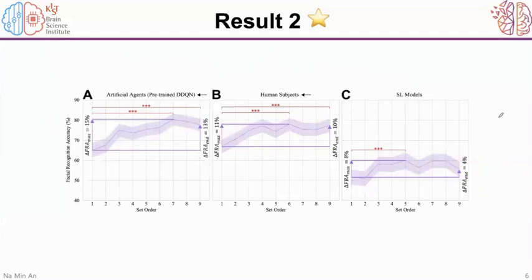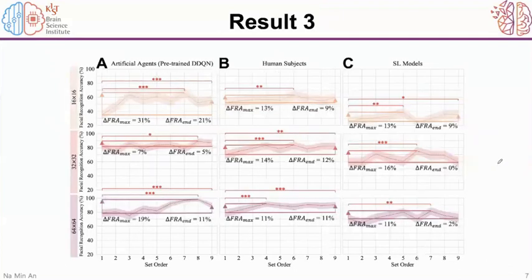Because the increasing tendency of the accuracy was not monotonic in general, we used these two metrics to compare the 3 models. Although all showed a positive gain based on the first metric, delta FRA max, only the human subjects and the artificial agents showed more than or equal to 10% for the second metric, delta FRA AN.